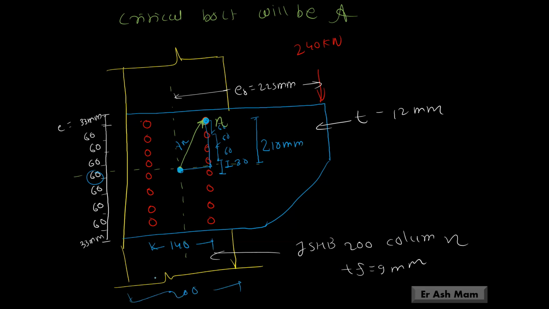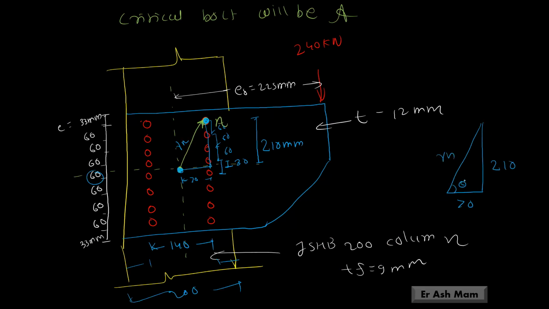So 140 upon 2 is 70. This side is 70, so I can draw the same triangle: 70, 210, and Rn.